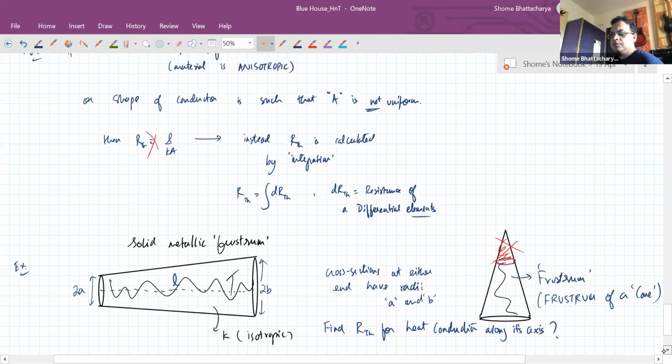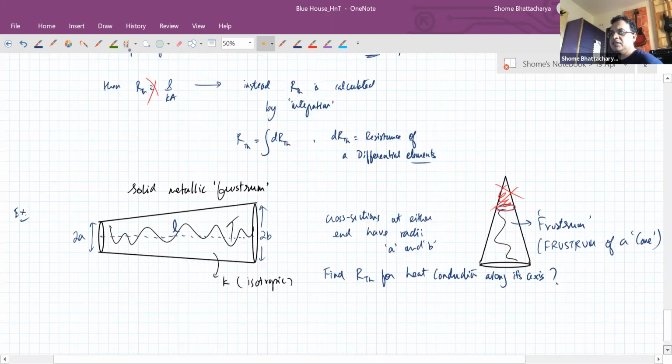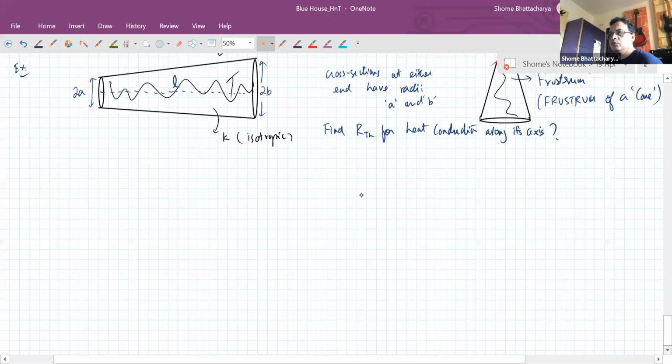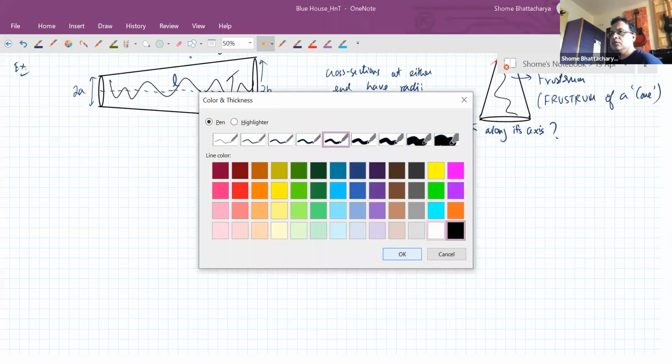Okay, so I'll just give you a brief idea about how to take the elements in case you haven't started. If you have understood and you're doing the question, you just carry on.